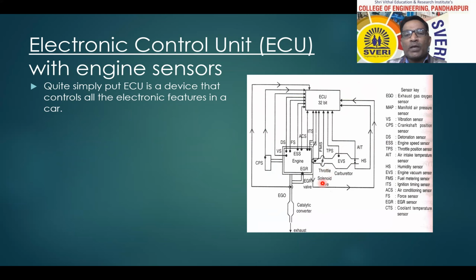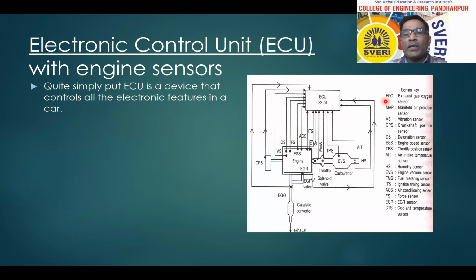You can see this ECU 32-bit that is mentioned there. Then EGO, ESS, CPS. So all the nomenclature is shown here. So this ECU consists of various sensors.